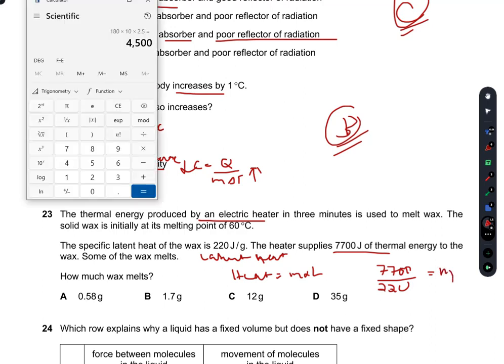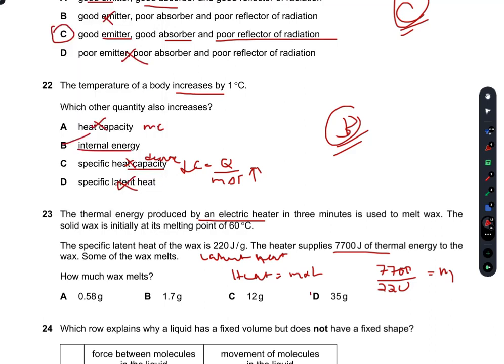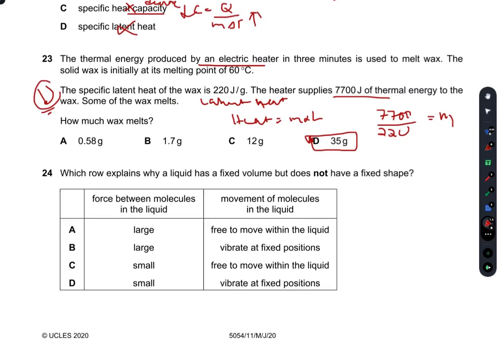So checking this in the calculator, 7700 divided by 220, so 35 grams is the amount of melted wax at this temperature. So D is the right answer.